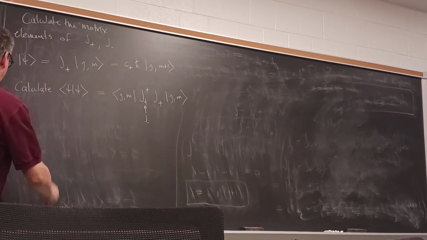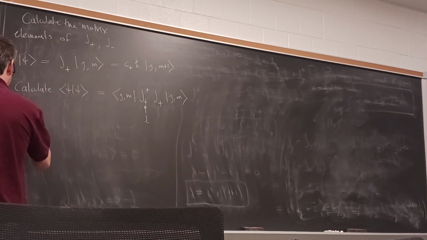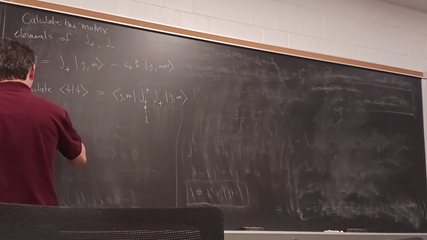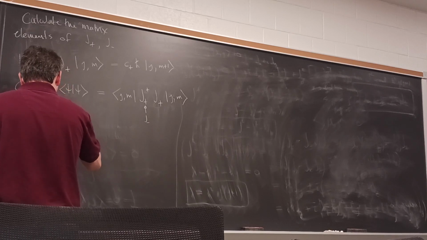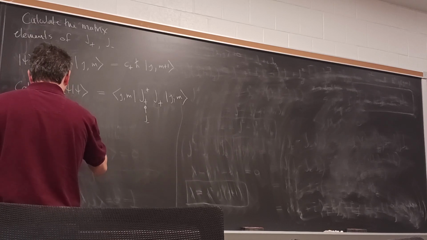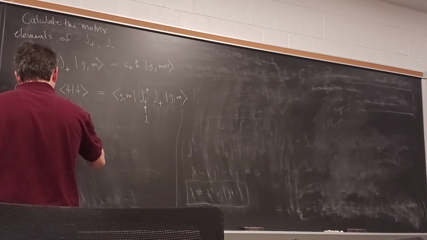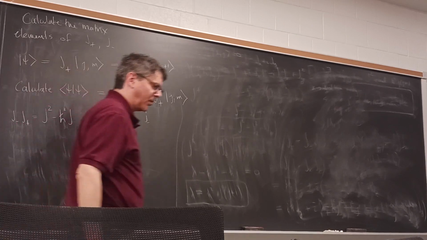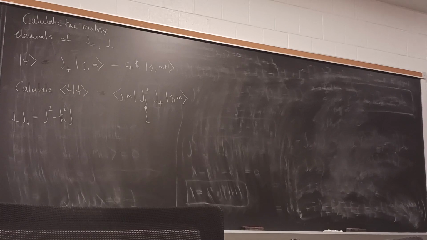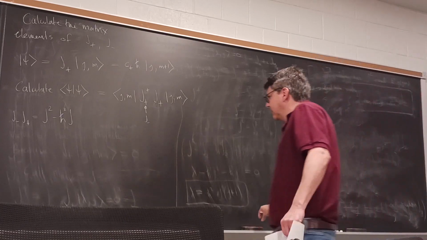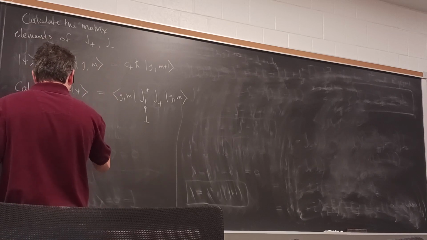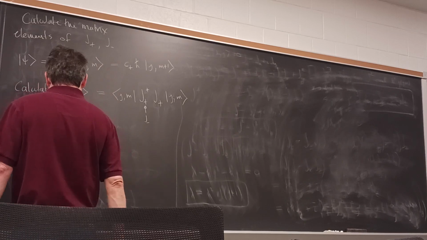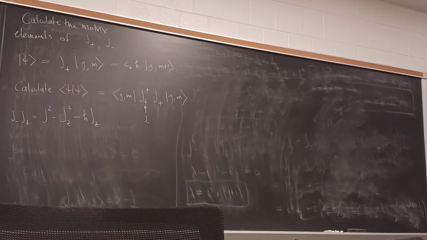So I already erased J minus J plus, but that's what we need. J minus J plus, again, was J squared minus Jz squared minus h bar Jz. Wasn't that it?